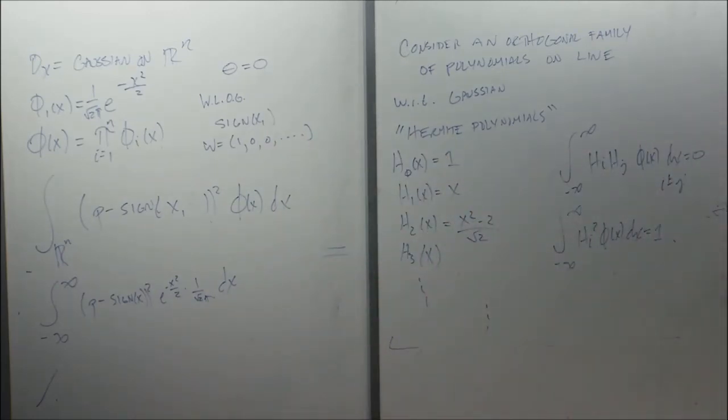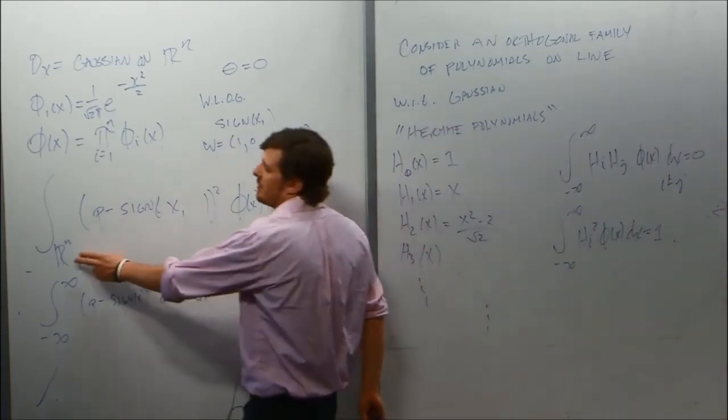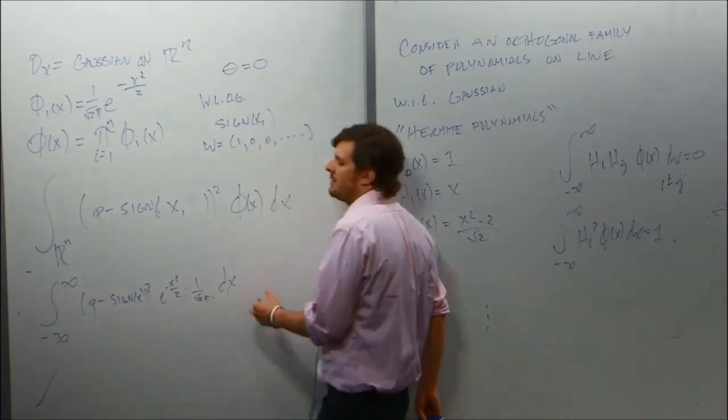And the other reason why I'm bringing up the Hermite polynomials is that later we're going to talk about learning general convex sets. And so we're not going to be able to simplify all of these learning problems in Rn down to the line.